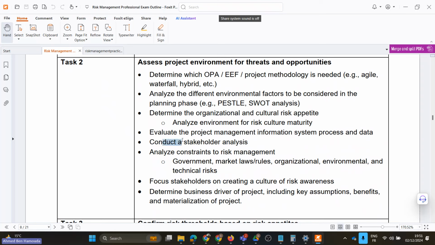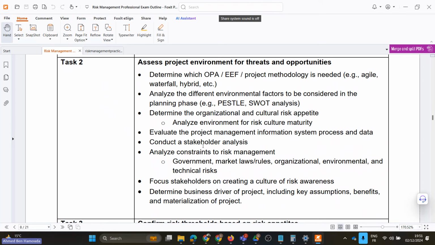Now, something very important which PMI gives great attention to is analyzing the risks and analyzing the stakeholders in the project, since a lot of the risks either can come from stakeholders or can be identified by stakeholders.